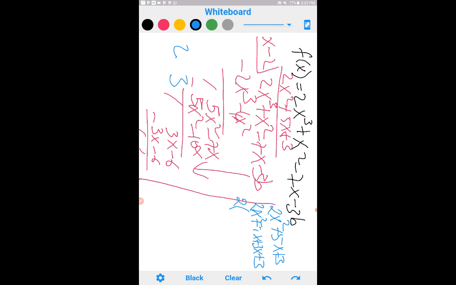Yes, 2x squared, there's a problem. Okay, so you can factorize 2x. So let's go ahead and factorize 2x.